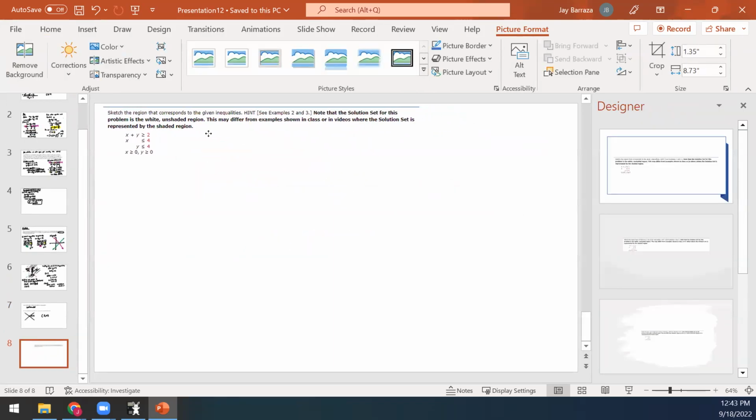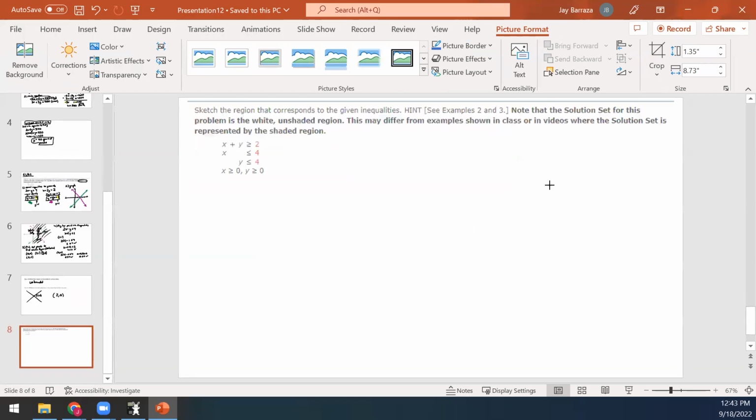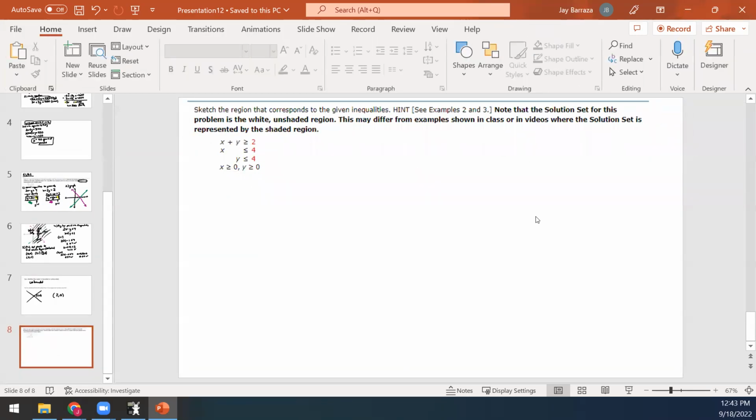Sketch the region given below, and then find the solution set, right? In this problem, you actually have 5 equations. You have 1, 2, 3, 4, and 5.